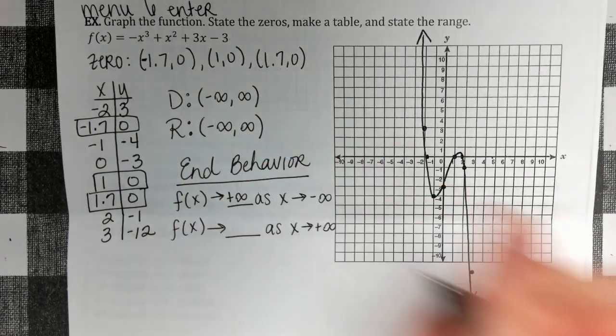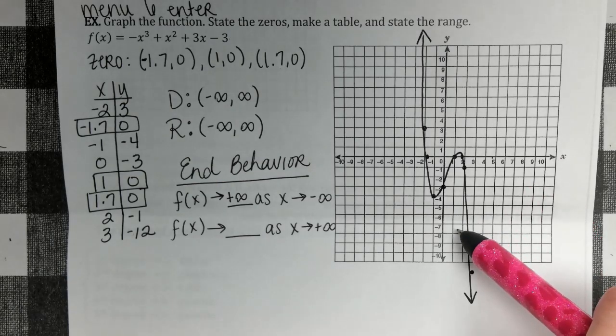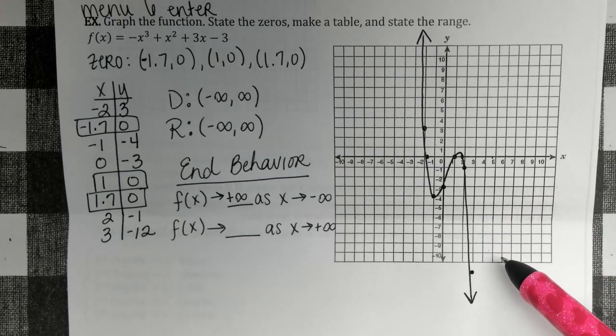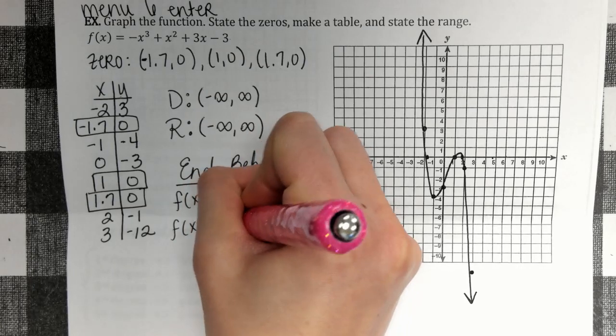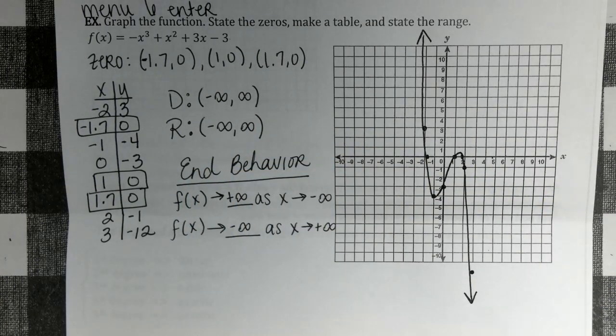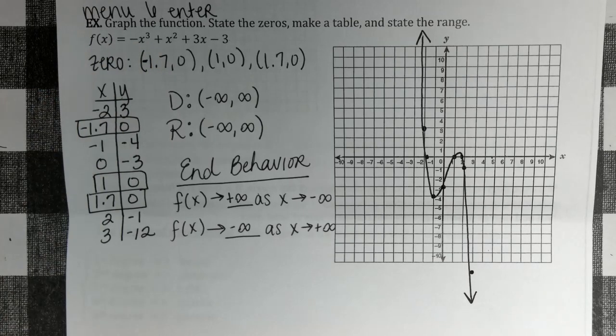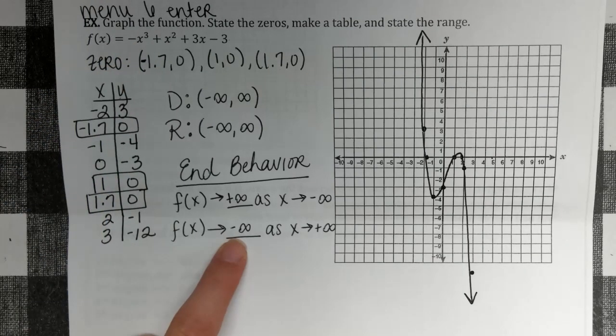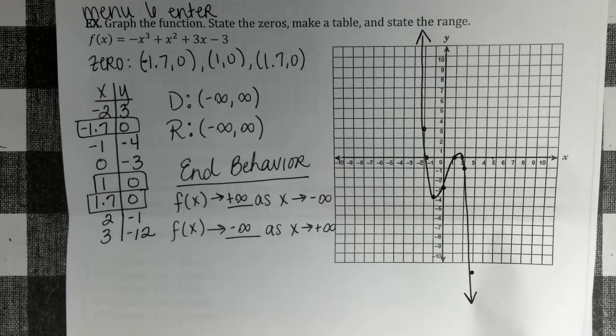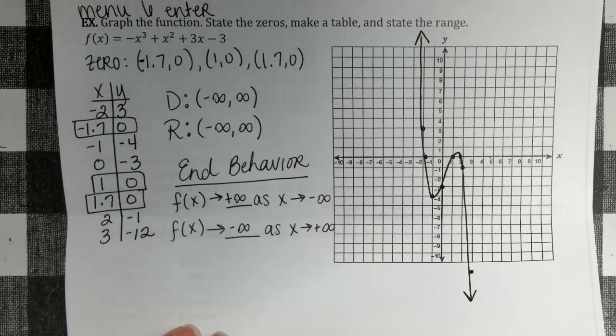Positive infinity. As x approaches positive infinity, where's my graph going? Negative infinity. And you can always double check. I had an odd degree, so they should be opposite. It's a leading coefficient with a negative, so it should end negative. So it all checks out. Questions on that? Okay.